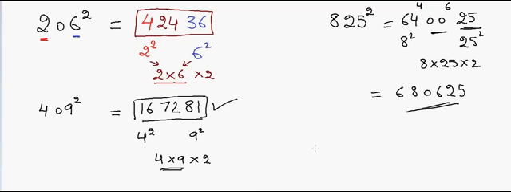If you practice, then you can always do this calculation without even writing it on paper. Now let's look into how this trick works. Any three-digit number can be written in the following form: 100x plus y.